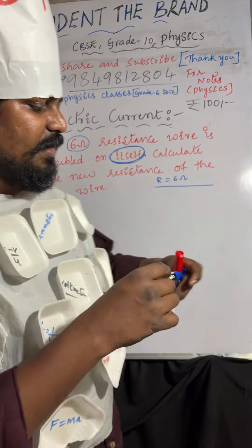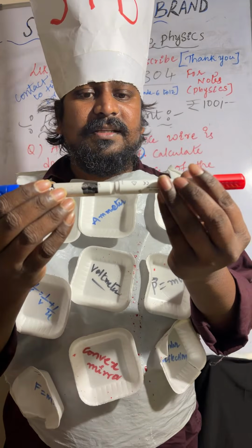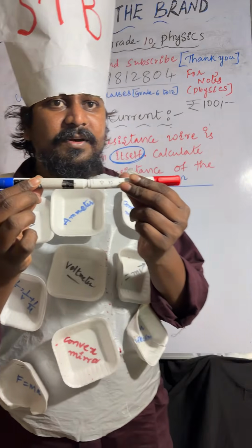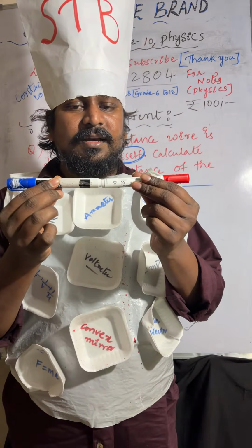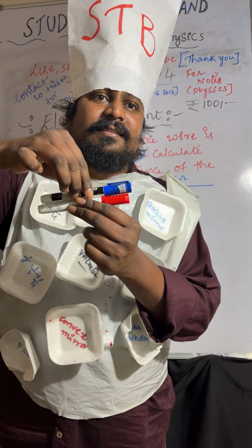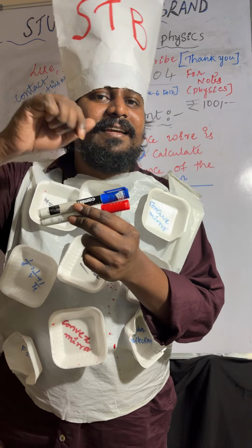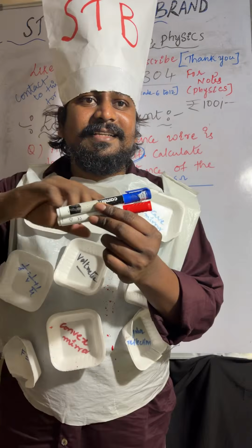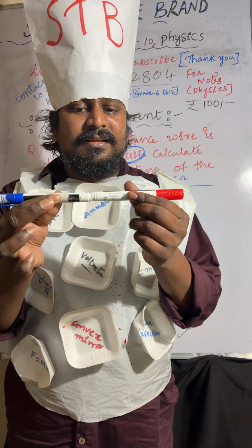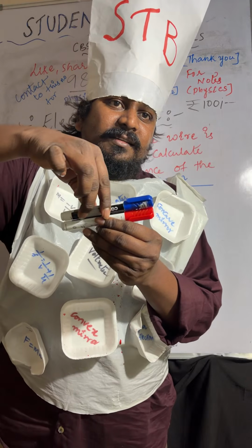Suppose I am taking this wire as the best example. I hope you can see it like this. Doubled on itself, it is folded like this. Then the area increases and the length decreases. When it is doubled on itself, it is folded like this.